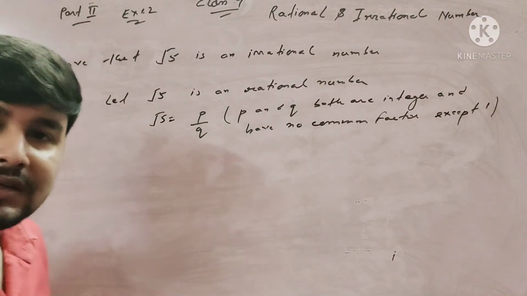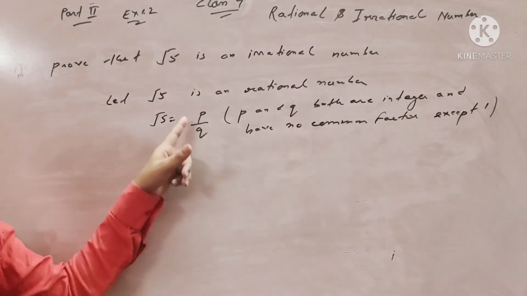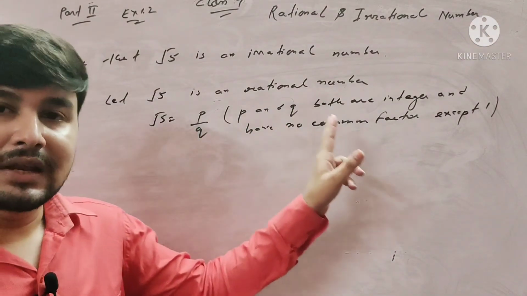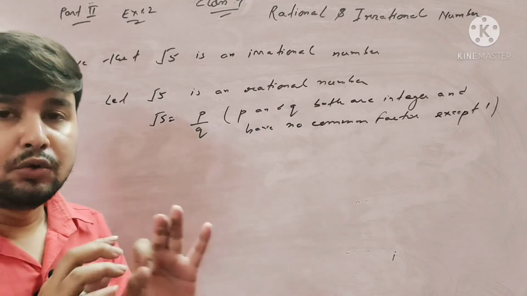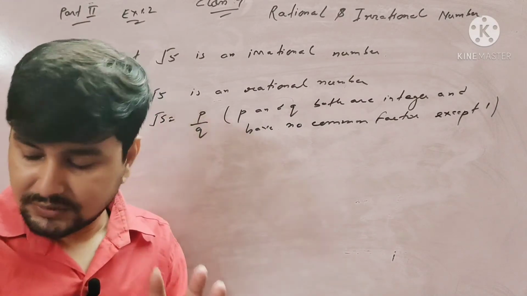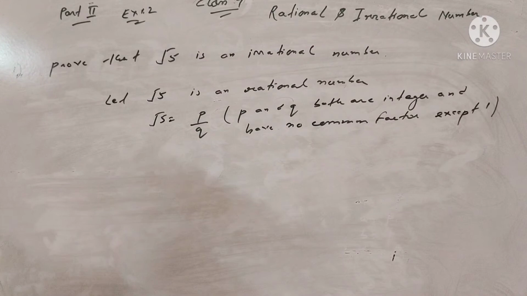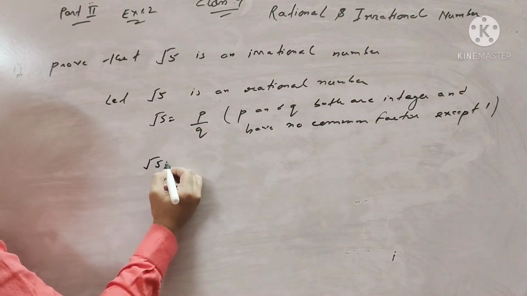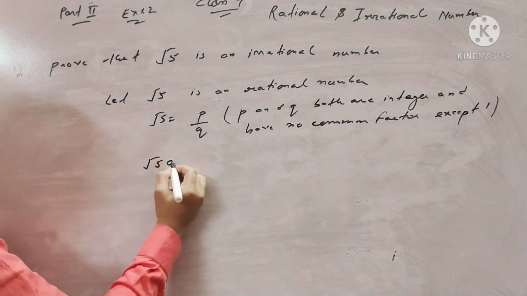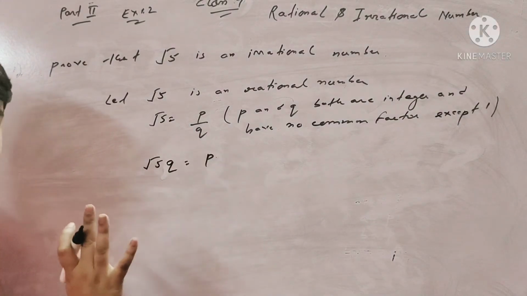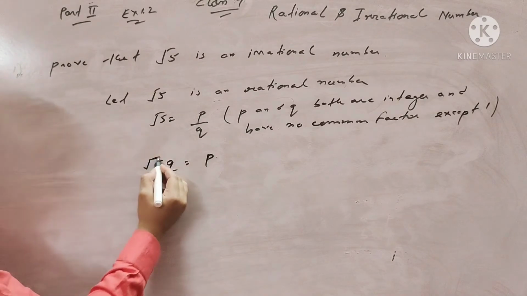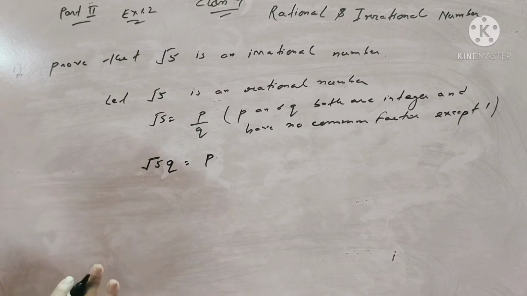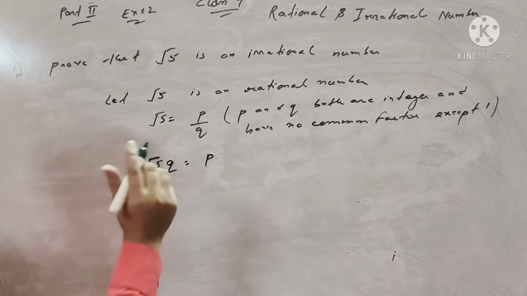Whenever a rational number is written in this form, p upon q, both are integers and no number is common except 1. So first of all, multiplying, root 5 into q equals p. Now we see whether this number is divisible by 5 or not, or we square this one. Squaring both sides.